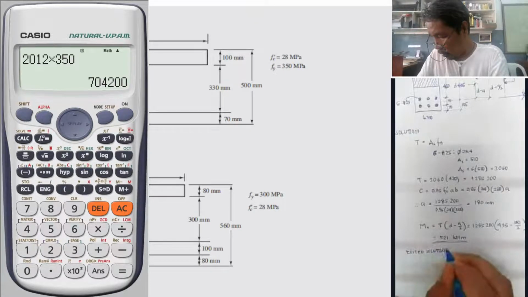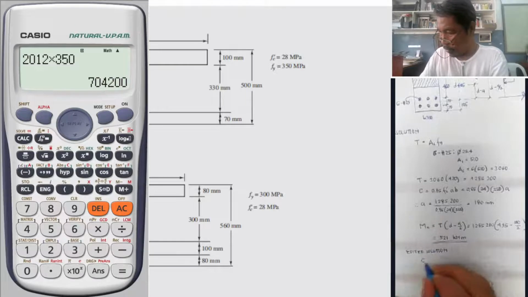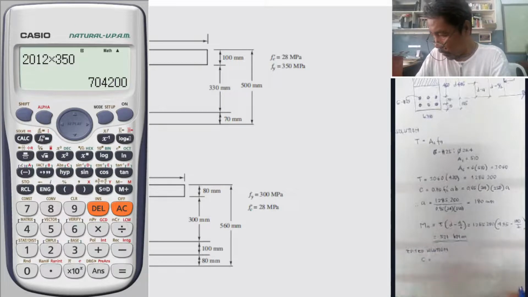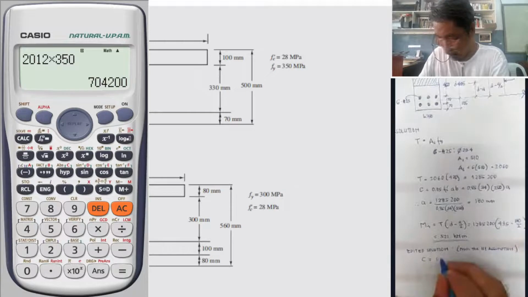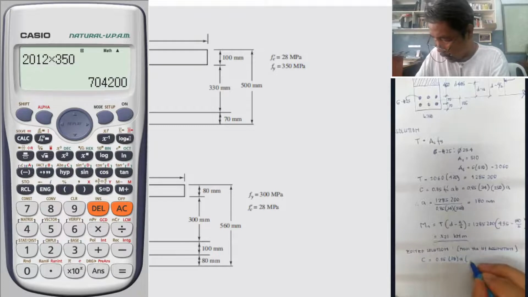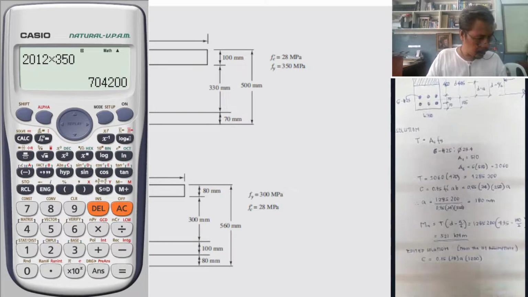So the value of C from the first assumption: C must be 0.85 times 28 times a, the width is 1,200. This is the corrected solution.